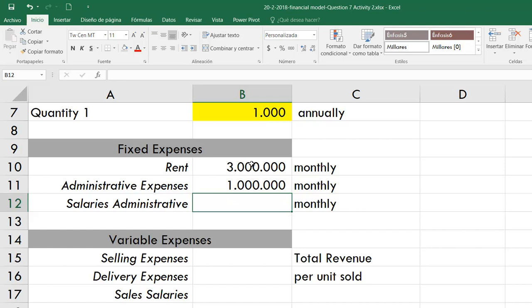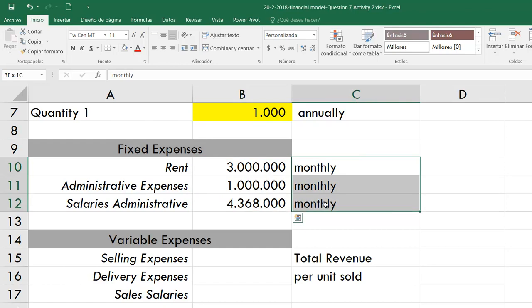And for salaries and administratives, I take into consideration all the necessary personnel I might need, and then I come up with, let's say, the minimum wage times 1.4, which covers all the increments from Social Security, and let's say I will pay 4 minimum wages, which is 4.3 million pesos a month. So all this is monthly. I just type it here.